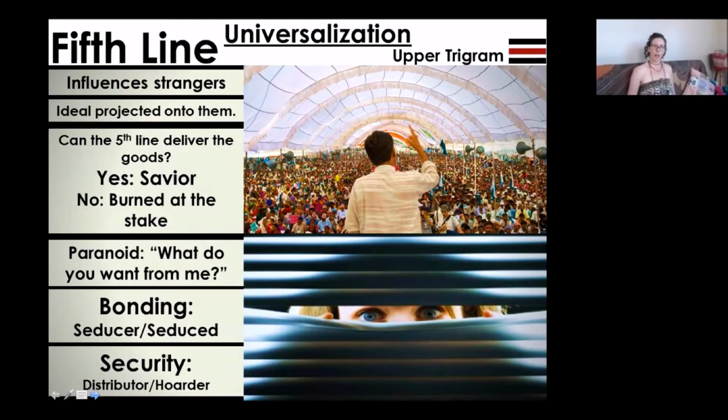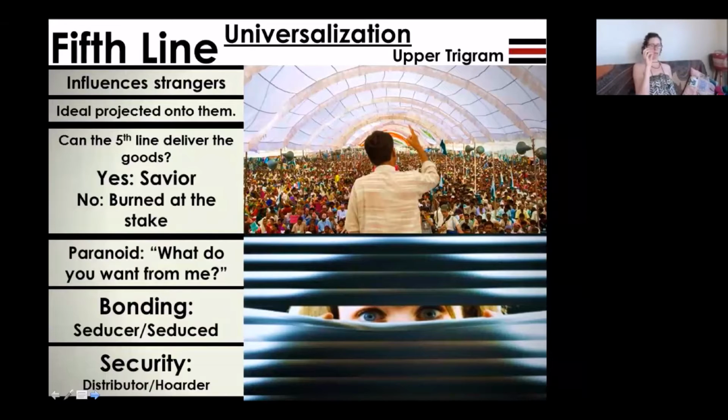So 5s exist in a projection field. The way I picture that is they have almost like a bubble around them, where when someone looks at them, they don't actually see the person, they see a savior.